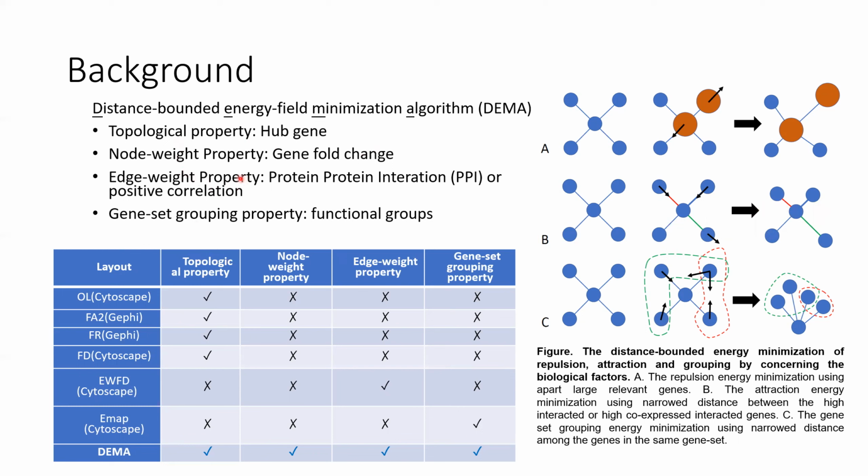Those two properties can be reflected in the attraction energy. Fourth, the grouping property. Functional genomics analysis can provide enriched pathways or functional groups in the network.